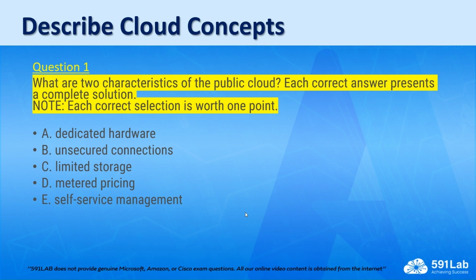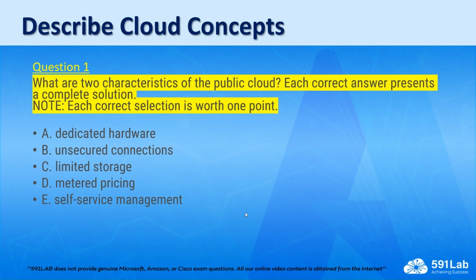So when we say now in terms of this question, what are the 2 characteristics of a public cloud? A says dedicated hardware. This is not true, because you're not dedicated to a particular hardware, because that is obfuscated from you as a consumer. The person in charge of the hardware is the vendor themselves.